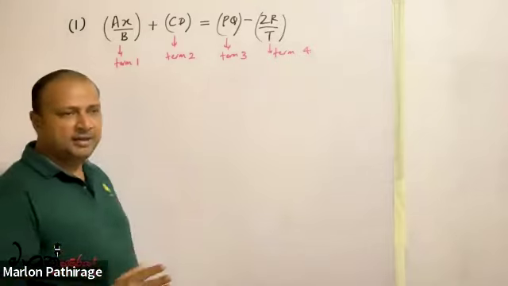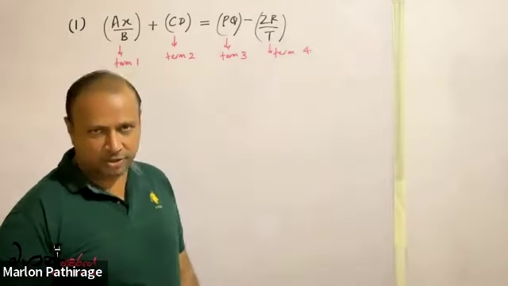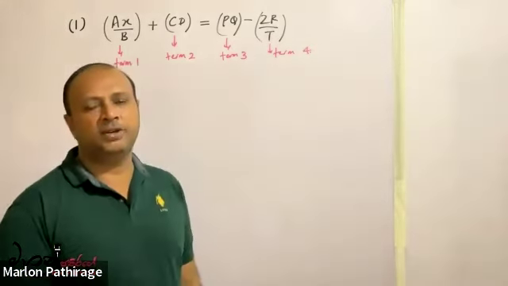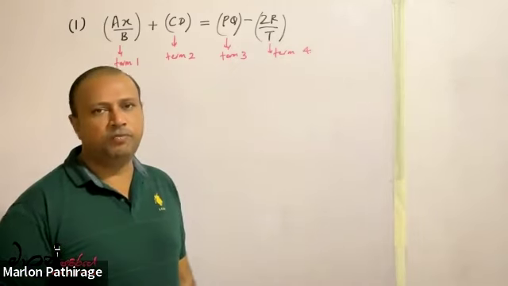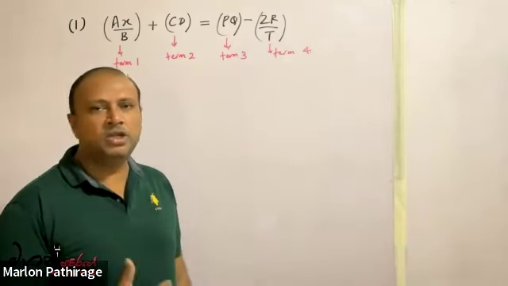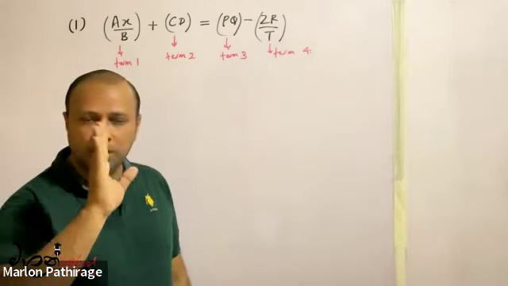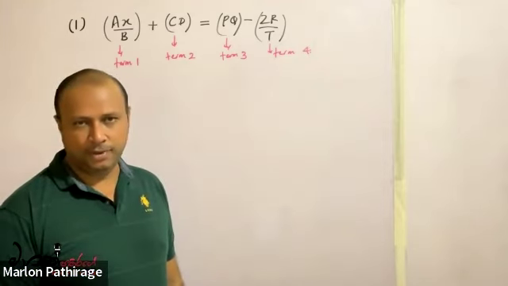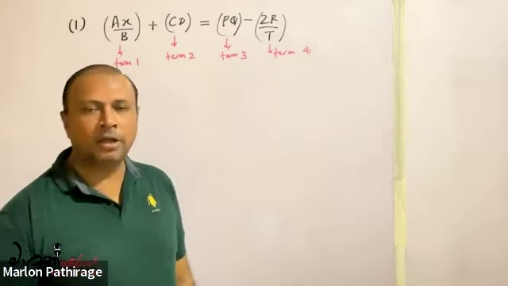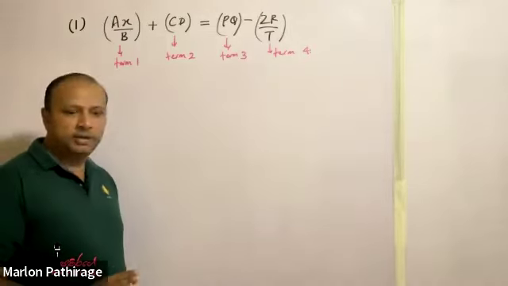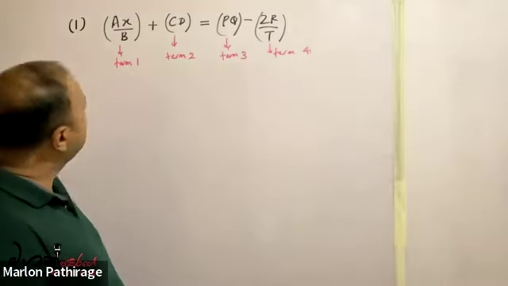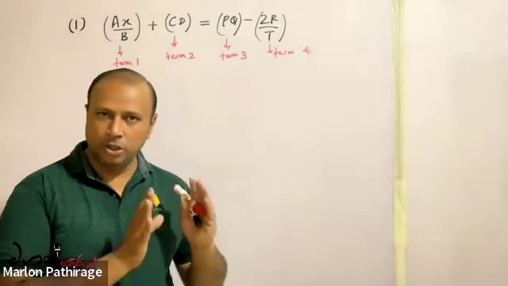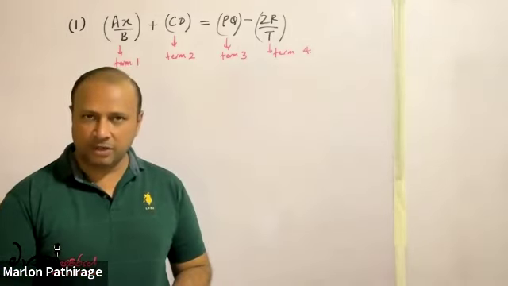If there's an addition or subtraction between two physical quantities, their dimensions should be equal, because addition or subtraction can be done among two equal physical quantities. If you need to note that down, you can.